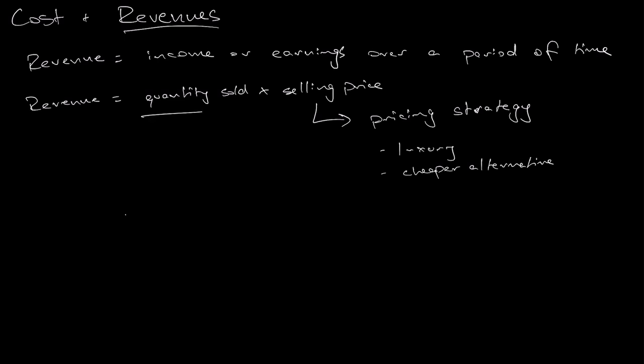If we're talking about a luxury business, we're probably going to have to sell less to create a higher amount of revenue. Whereas if we're looking at a company that's positioning themselves as a cheaper alternative, then the quantity they're going to have to sell is going to be significantly higher to earn a higher revenue.